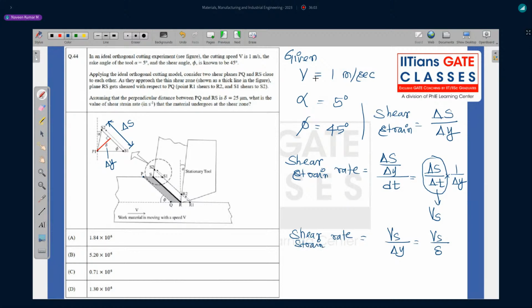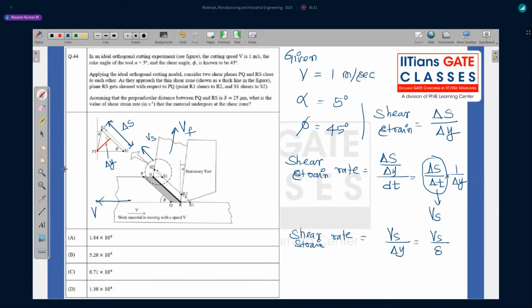Now what is given? Cutting velocity is given, but we don't have Vs, so we have to find Vs. How do we find it? We have the velocity triangle that we formed, if you remember, with cutting velocity V, chip velocity Vf, and shear velocity Vs, along with the shear angle and rake angle.